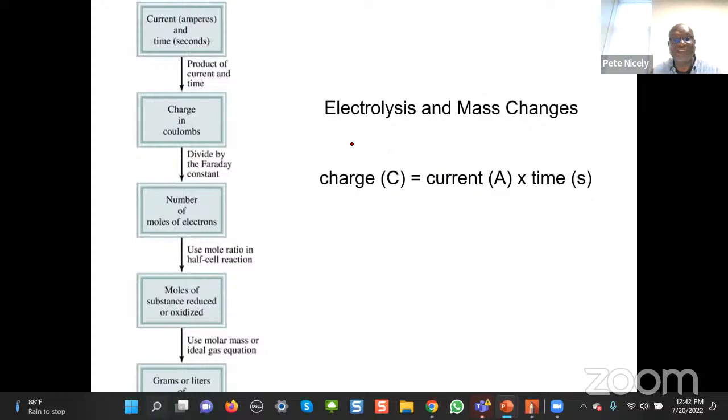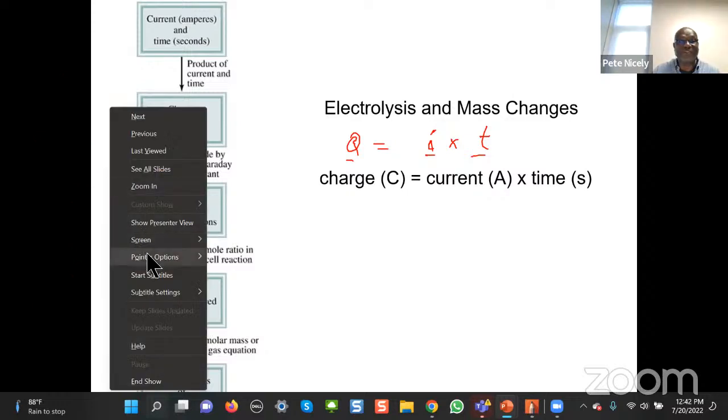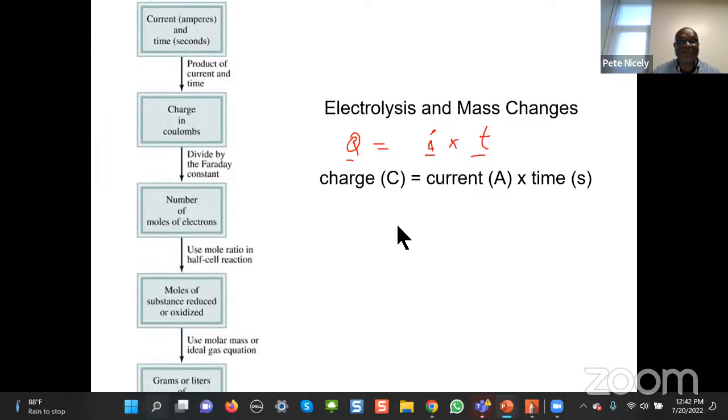So for charge, the symbol is Q. For current, the symbol is I. And for time, it's T, right? So the way I remember it, Q is equal to IT, where Q is the charge, I is the current, and T is the time in seconds, right?